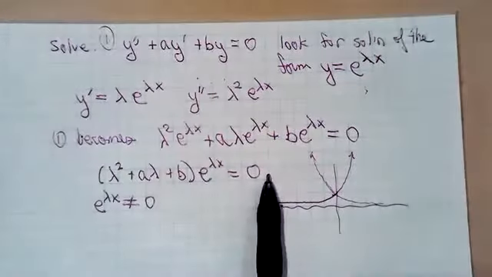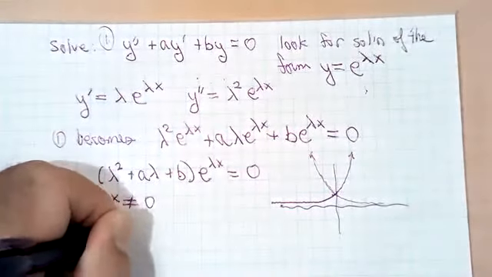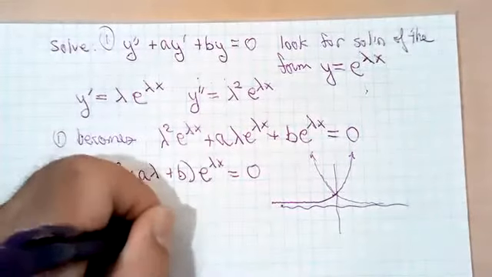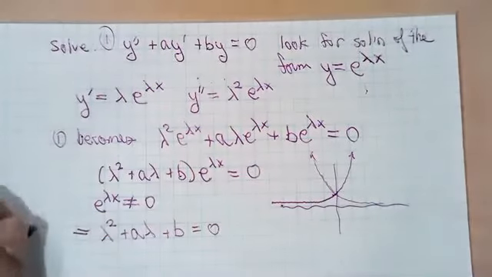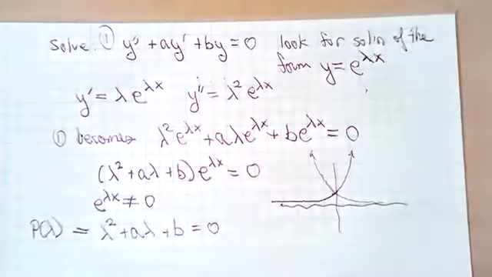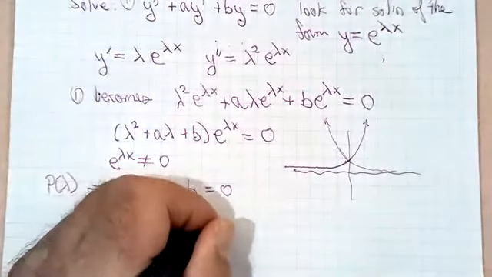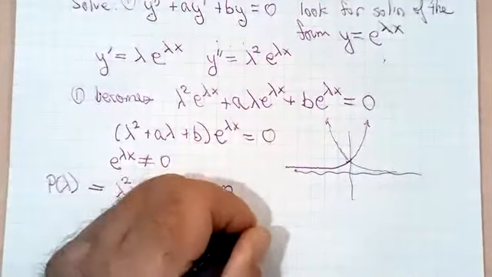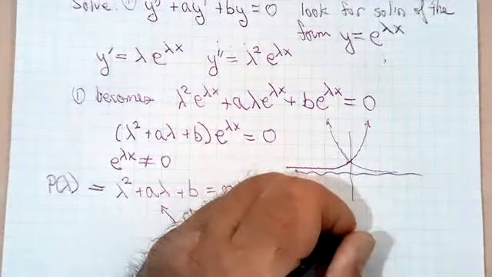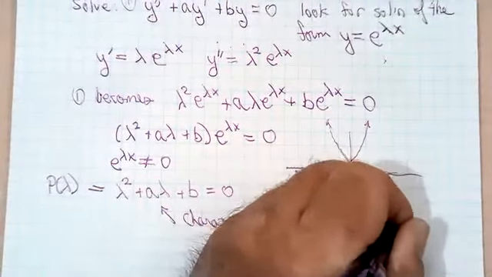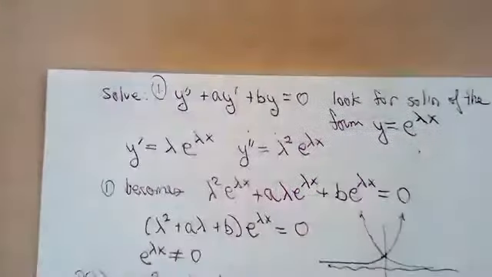So if this equation is going to have to be equal to 0, then it's going to have to come from the polynomial. And that is that characteristic polynomial that we were talking about, of equation 1, which is this guy.